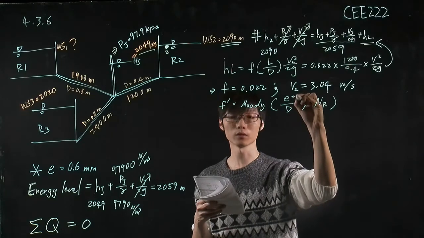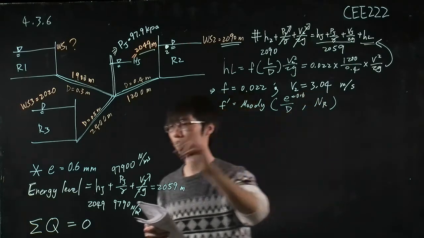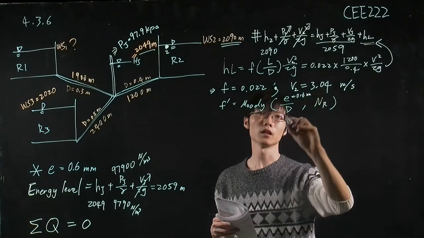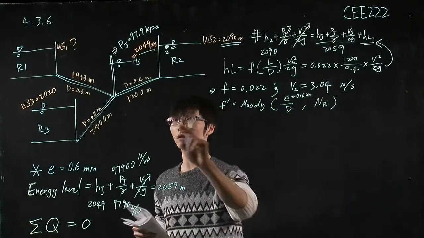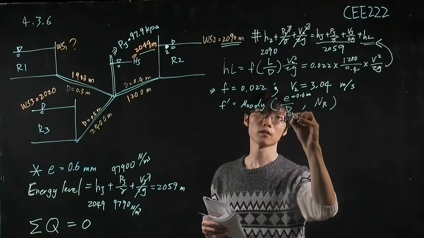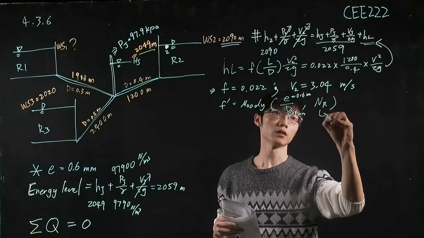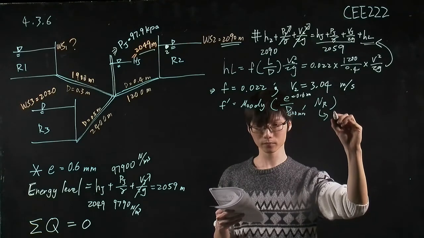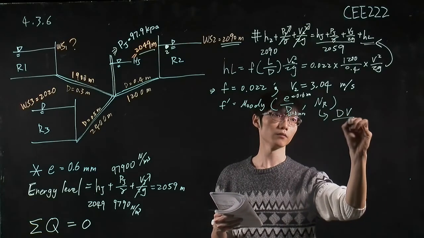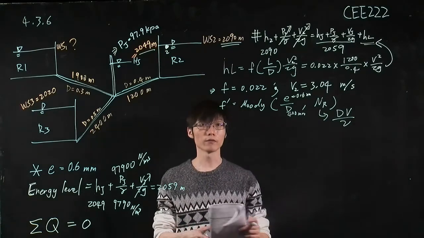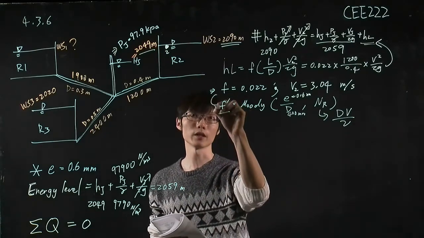E is equal to 0.6 millimeter. And we also know the diameter is 400 millimeter. And the Reynolds number has a formula, using this, and then you can find the new factor and compare these two.